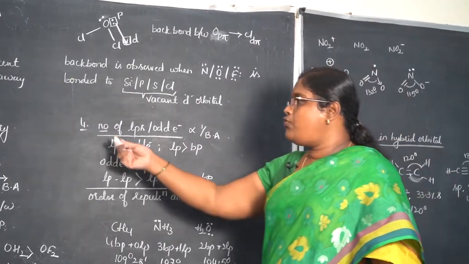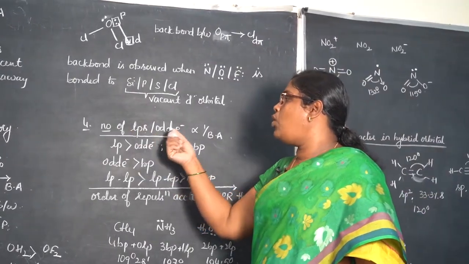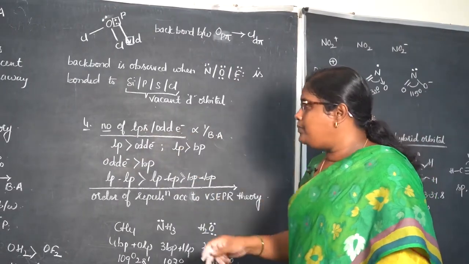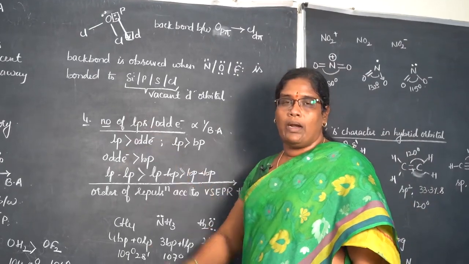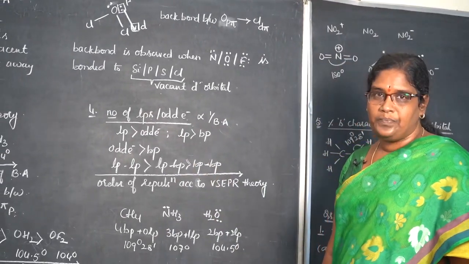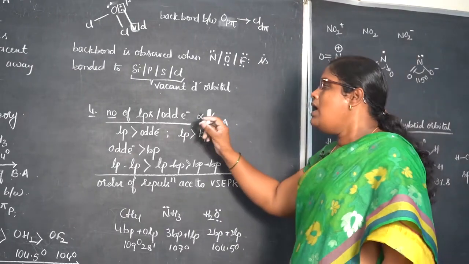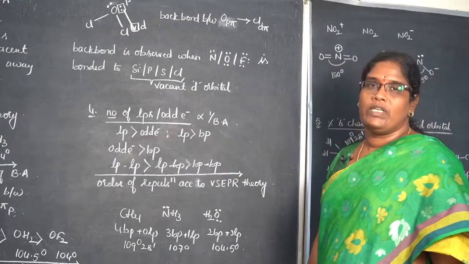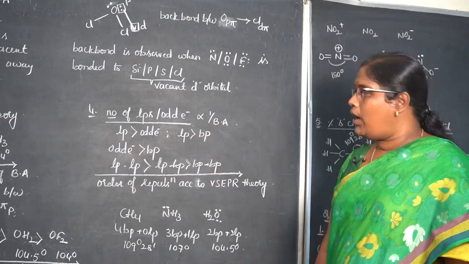Now, the fourth factor: number of lone pairs or odd electrons. So what is a lone pair? The non-bonding electron pair present on the central atom. An odd electron is a single electron present on the central atom which does not take part in bonding.